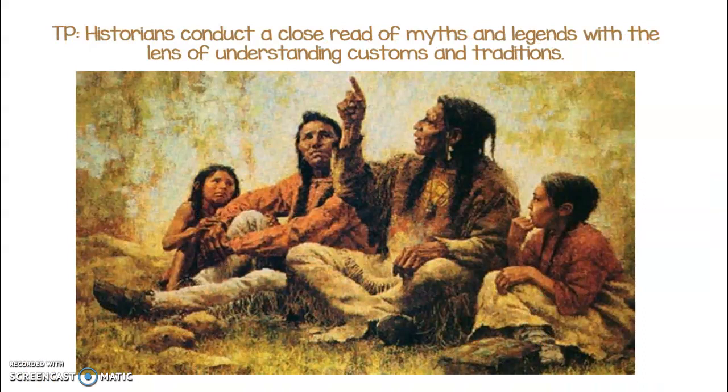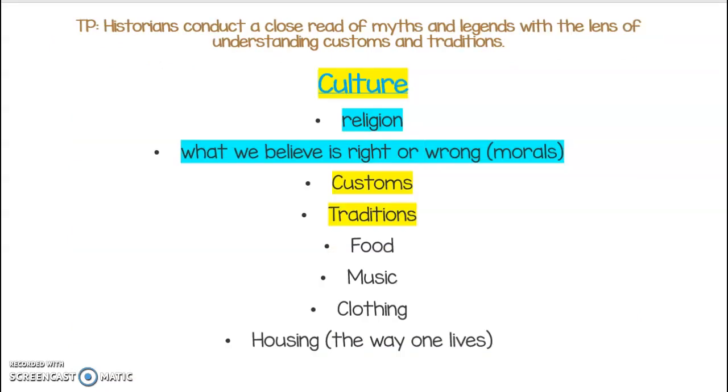Alright, here we go. In our last two lessons, we learned a lot about Iroquois and Algonquin culture. Today, I wanted us to reread some of their myths and legends to help us focus on their customs and traditions. The culture of course includes customs and traditions. It's a larger umbrella that includes religion, moral beliefs, and food, music, clothing, and housing, or the way one lives.